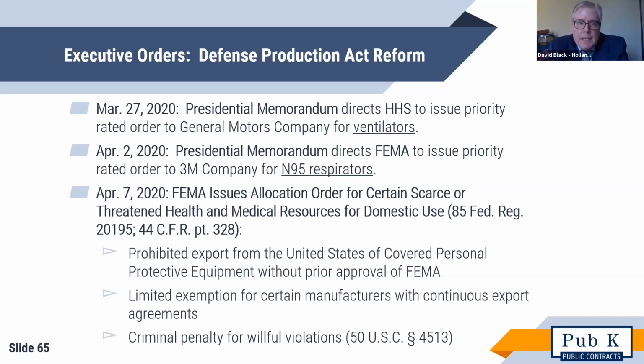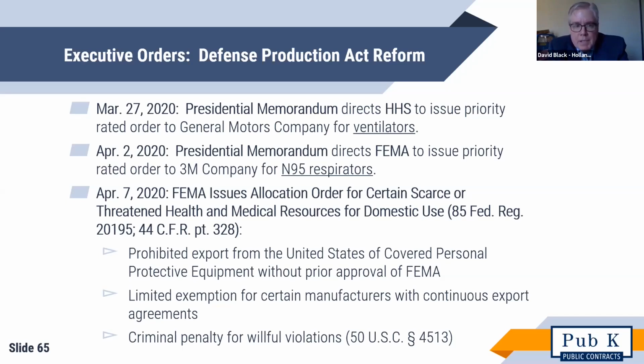And then a few days later, another presidential memorandum that directed FEMA, you see FEMA is getting into the act, to issue a priority rated order to 3M Company to produce N95 respirators.